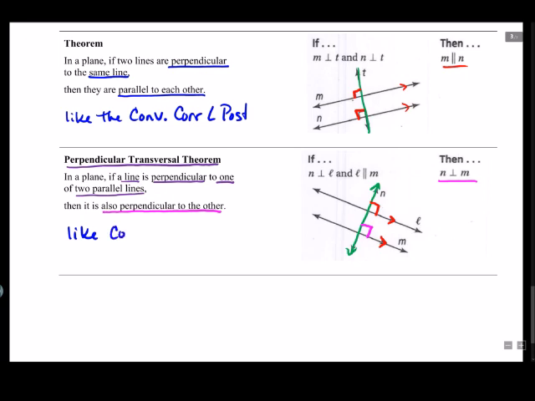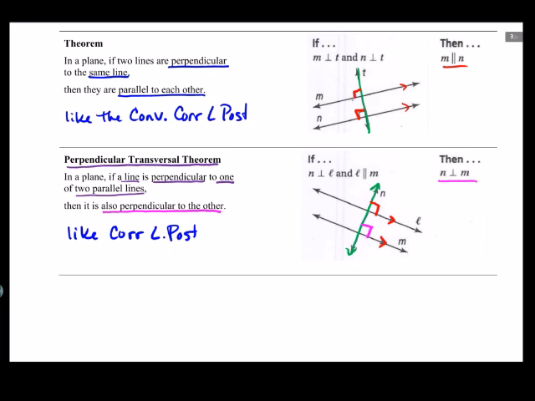This is like the corresponding angles postulate. Again, we have parallel lines, so we know corresponding angles are congruent, but we don't have congruence yet. We simply have perpendicular, but that is how this theorem is proven, is we can prove that those angles are congruent, and then we can turn them into right angles, and by definition of perpendicular, they are both perpendicular.